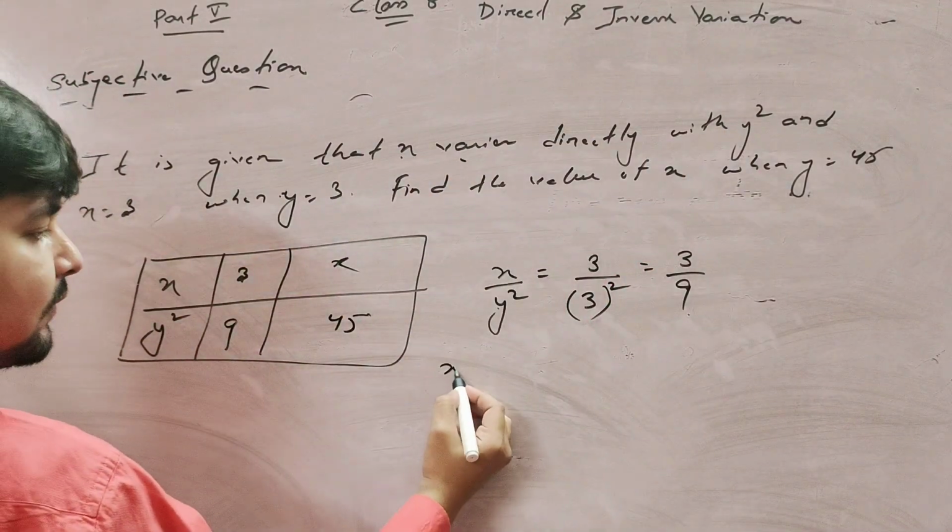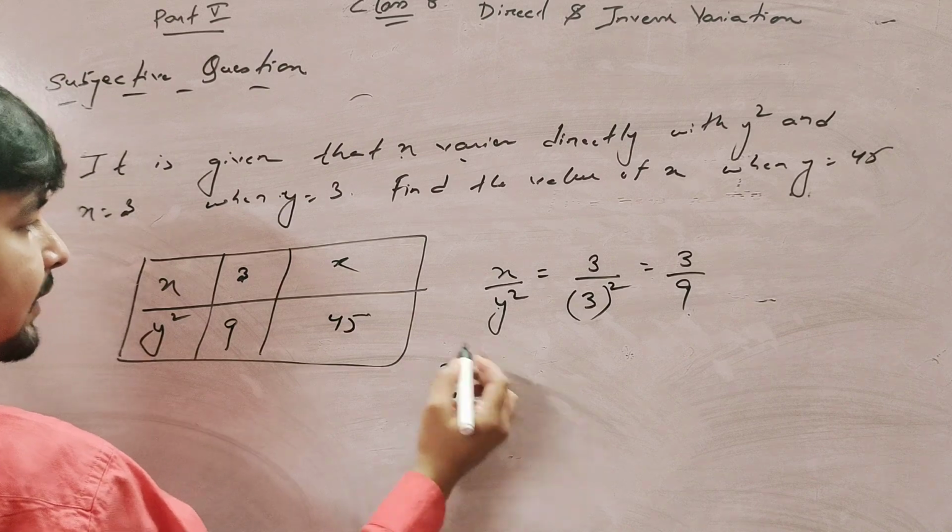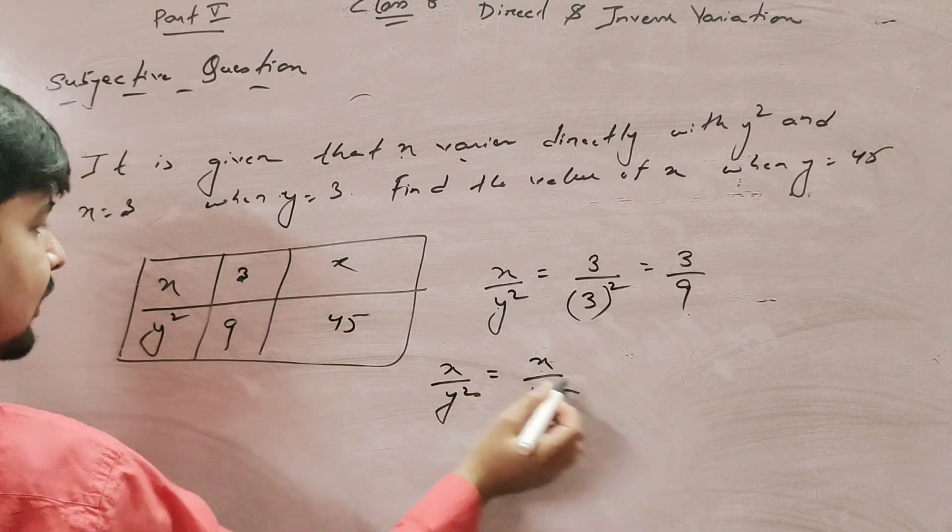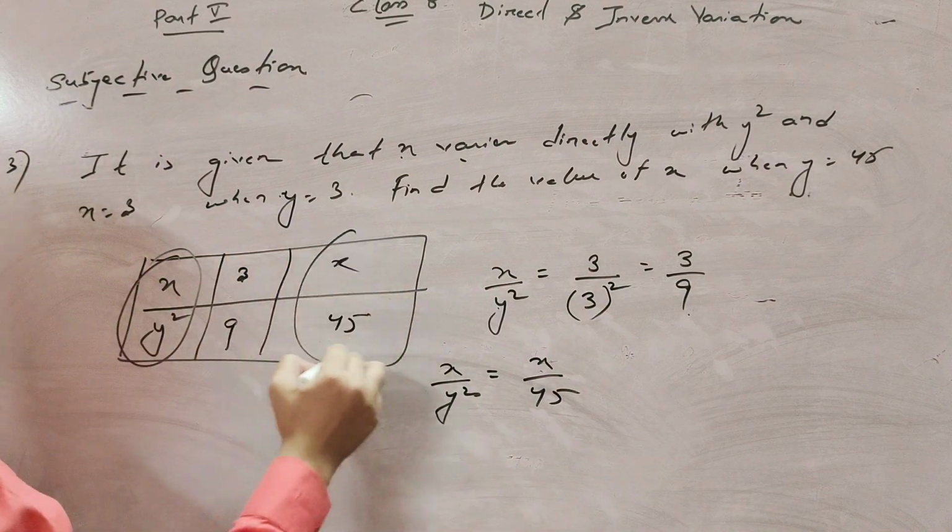Okay. So now again, x upon y square equals x upon 45 square. This is directly related with this one.